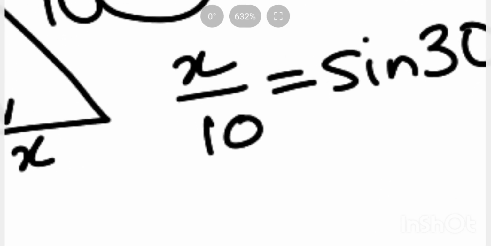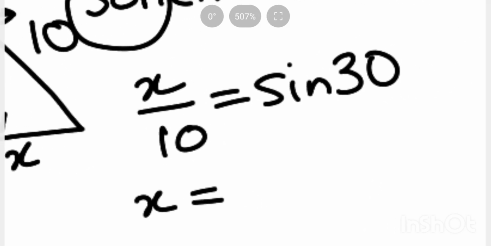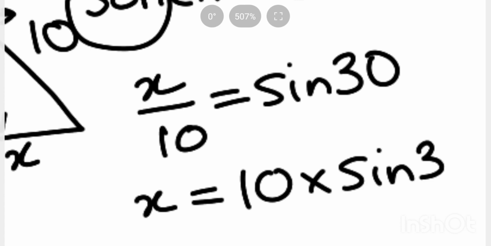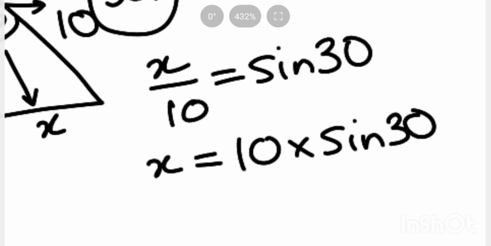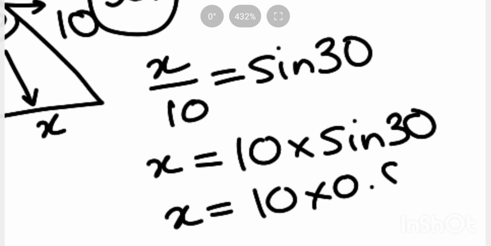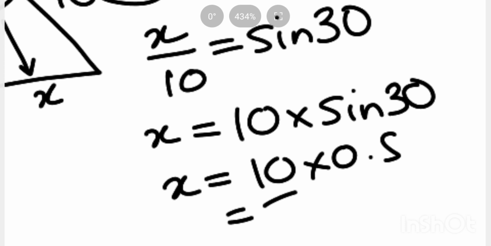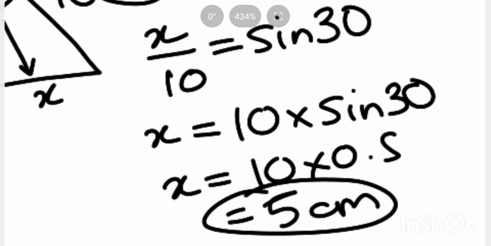So x is 10 times the sine of 30. We know that the sine of 30 is a half, so 10 times a half is 5. So that's the value of x.